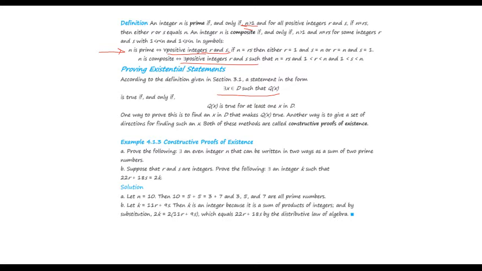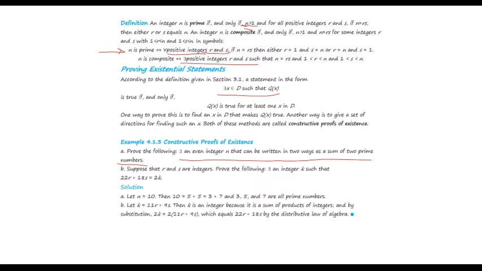Now let's look at an example of the book in this regard. Example 4.1.3, which says prove the following. In the first part, there exists an even integer n that can be written in two ways as a sum of two prime numbers. So we want to see if there exists such a thing, and if there is, what's the proof?